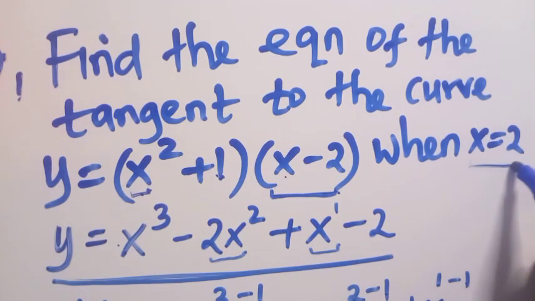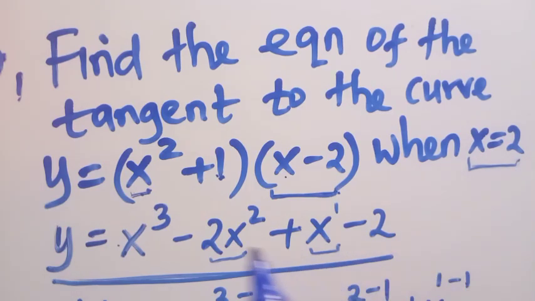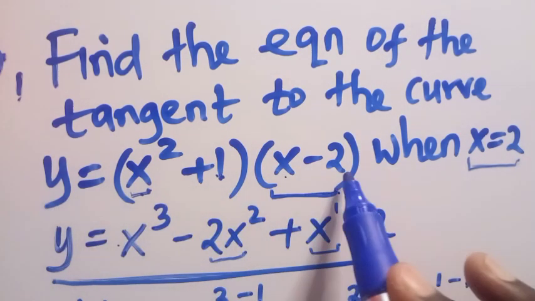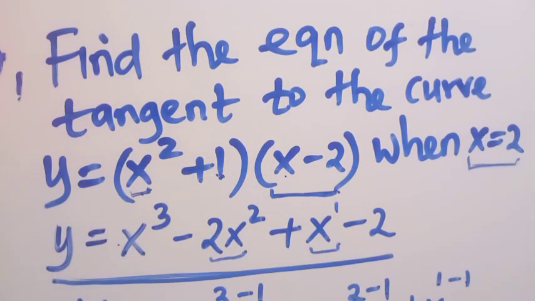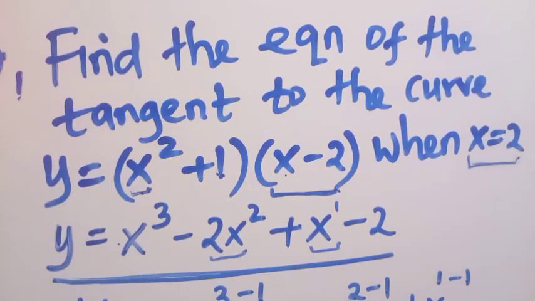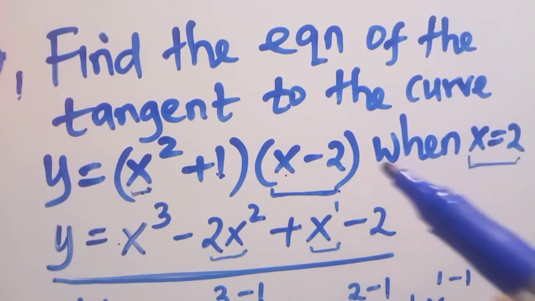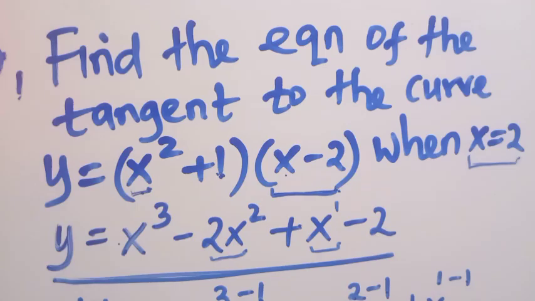Because we only have the value of x, we need to obtain the value of y by substituting in this original equation, so that we obtain the coordinates of the point where the line of the tangent meets the curve.